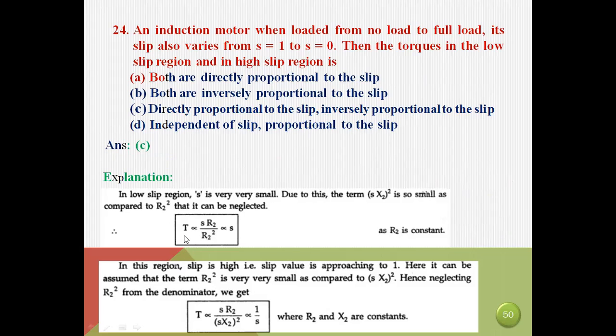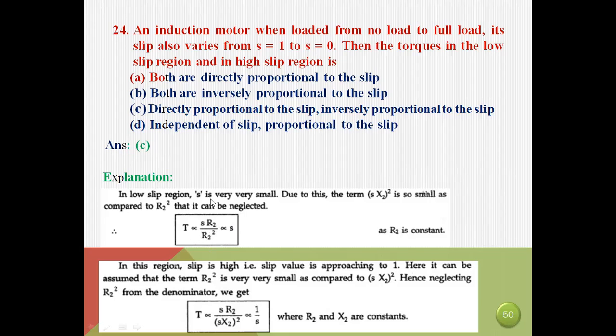You will get torque equal to S into E2 square R2 upon R2 square plus S X2 square. If we are taking K as a constant, we can say T is proportional to S R2 upon R2 square. If we are taking resistance as a constant, torque is directly proportional to the slip.